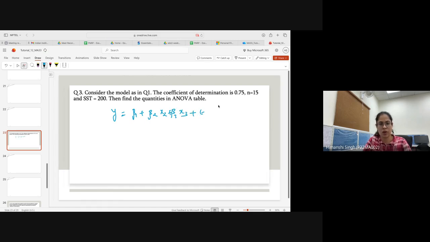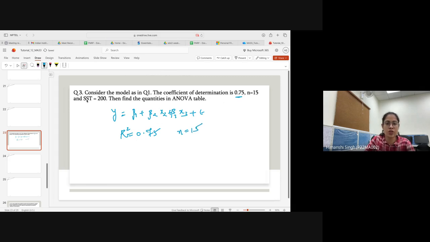So this is the model. The coefficient of determination is 0.75. What is the coefficient of determination? We have discussed already, R square. So that is 0.75. N is given, so our number of observations is 15.